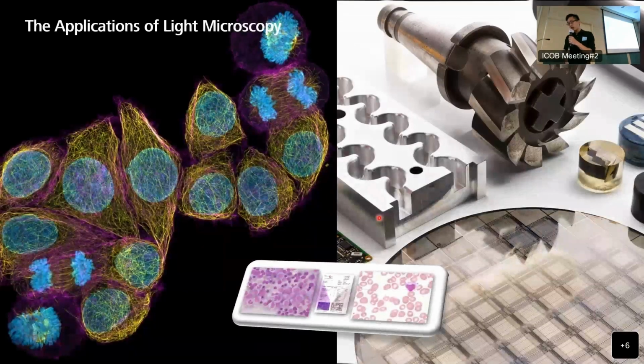Here are our main microscope applications in academic or industry fields. On your right-hand side, you can see a typical cell image taken by confocal microscopes, and besides biology, maybe some agriculture fields.